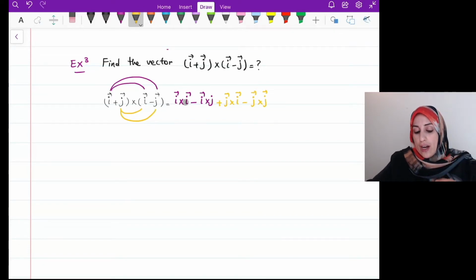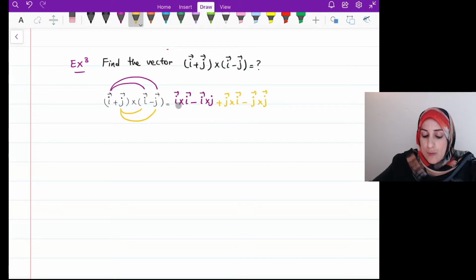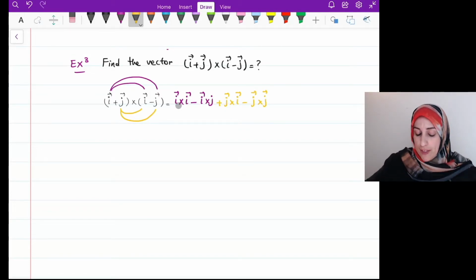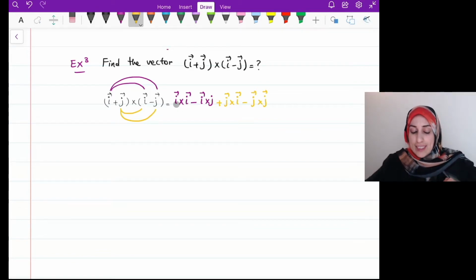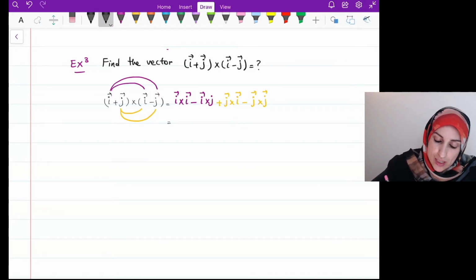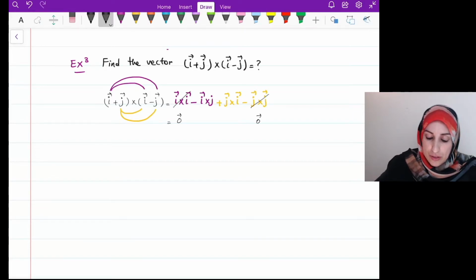I know that i cross i is 0. Why? Because the angle between a vector and itself is 0, meaning that the sine is 0 based on the definition of the cross product. So this is the 0 vector, and this is also the 0 vector.